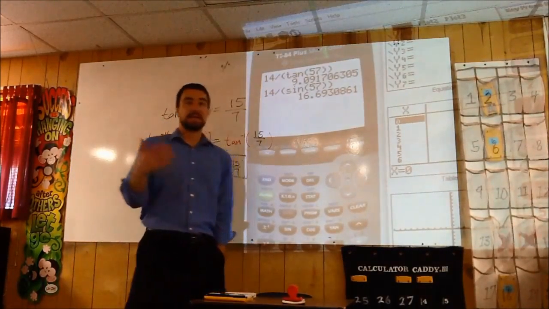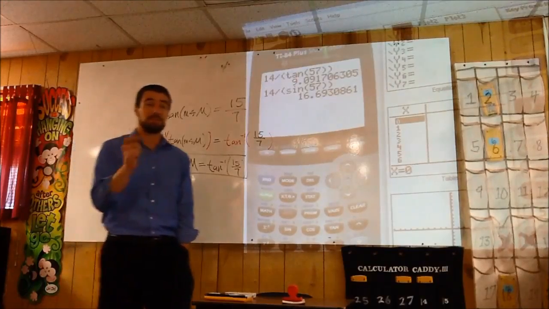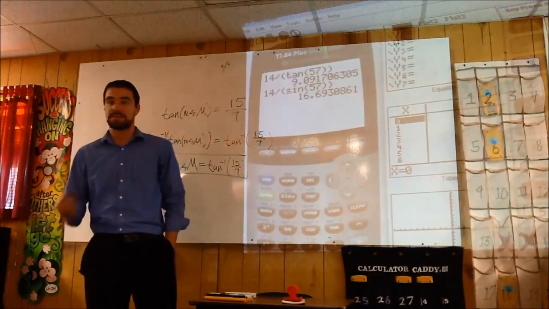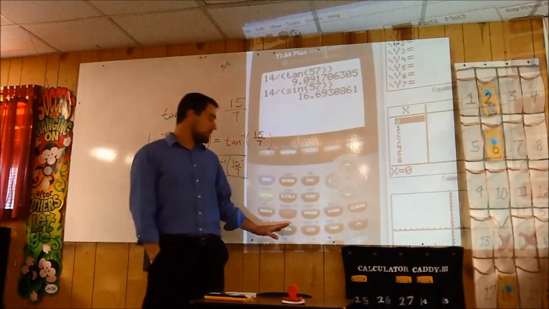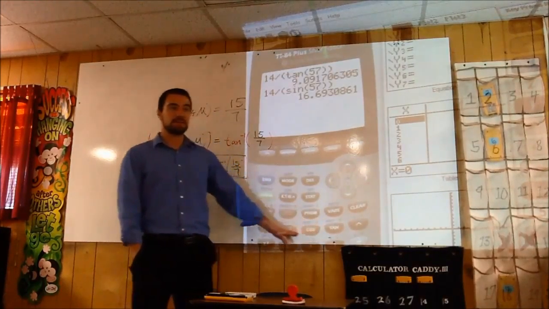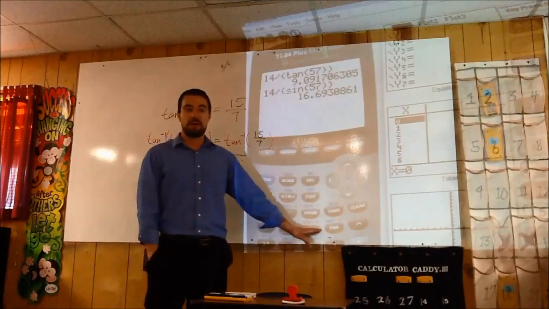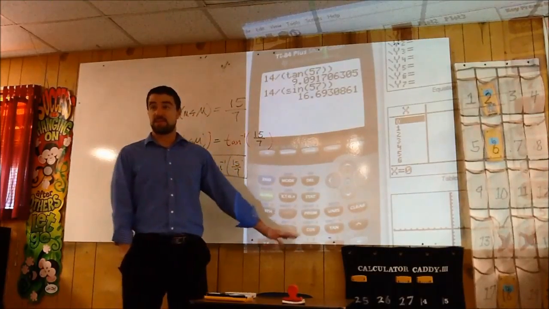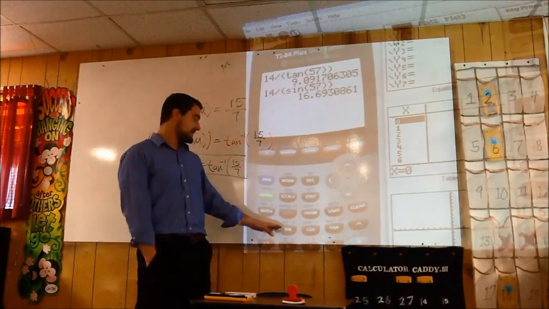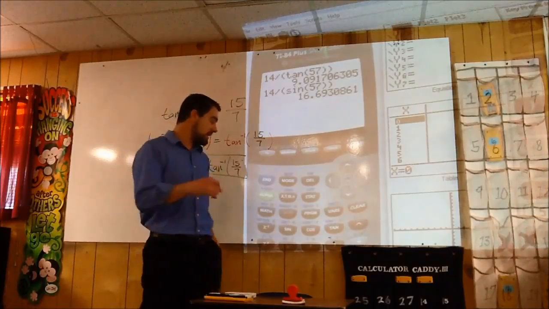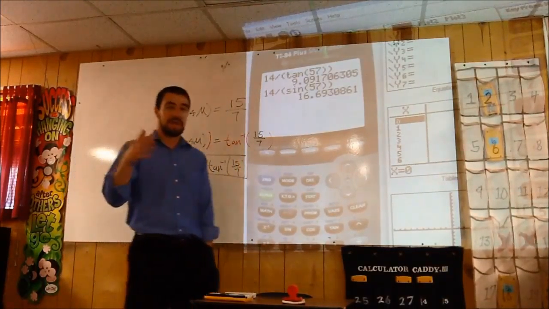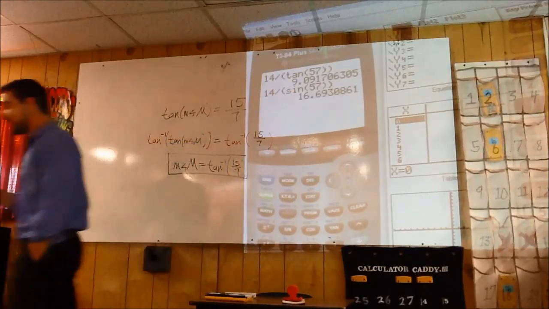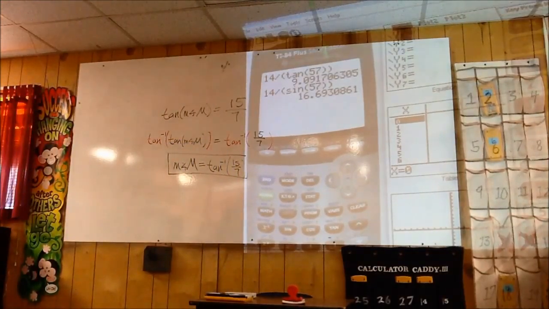Now, if you look at the secondary functions, what's written in blue ink on your calculators, above the normal sine, cosine, and tangent buttons, in blue ink above those you will see the inverse functions. It has the same 3 letters, but then they're raising it to that negative first power, and that denotes it's the inverse function.